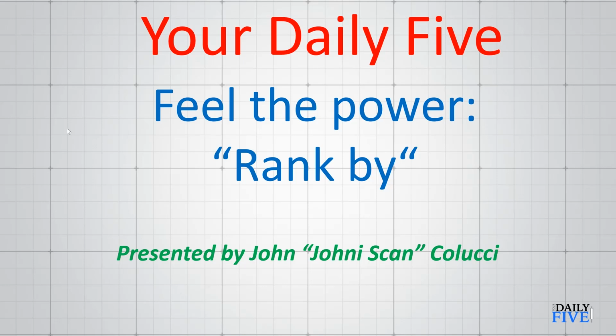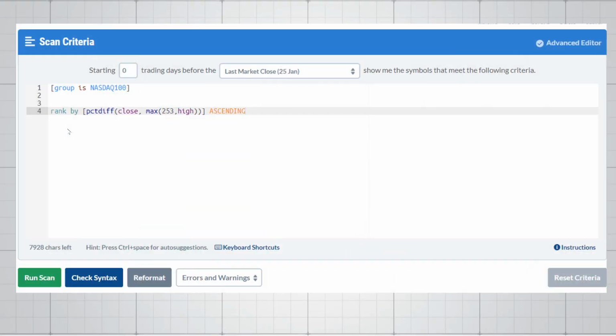So, the first thing that we have is an example of how to use the rank by command in and of itself. So here we'll talk about the NASDAQ 100. The first line of our code group is NASDAQ 100, and the only other line of the code is to rank or sort the stocks within the NASDAQ 100.